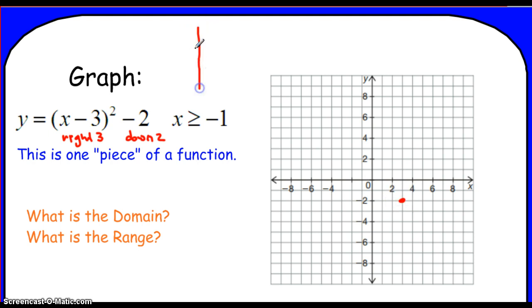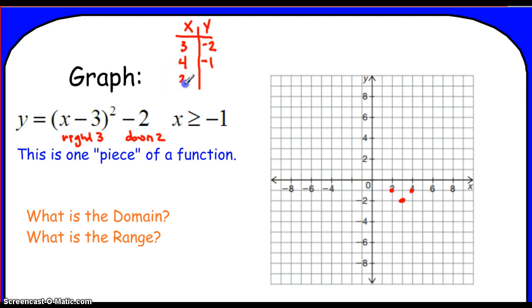And again, if I made my t-chart, I'd be plugging in 3 and getting out -2. I could plug in 4. If I plug in 4, 4 minus 3 is 1, 1 squared is 1, that'd be -1, and I have a point here. And I'm making a parabola, so it would look like this.